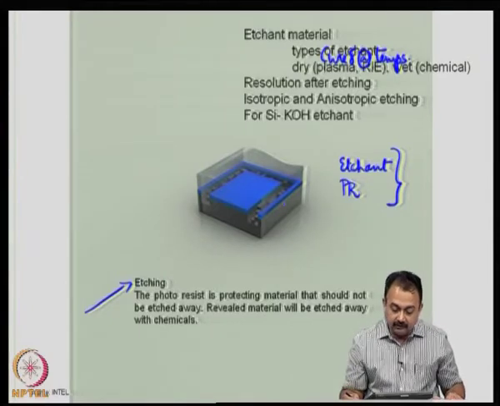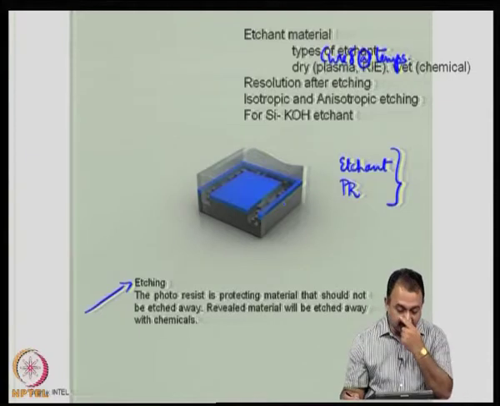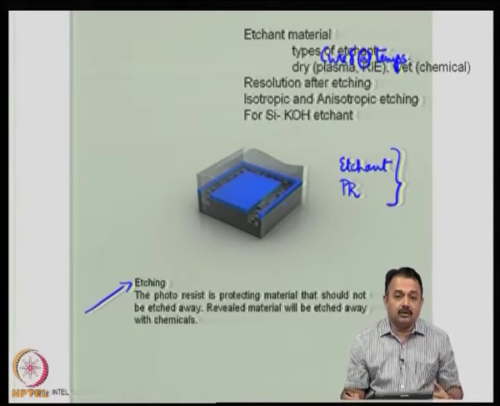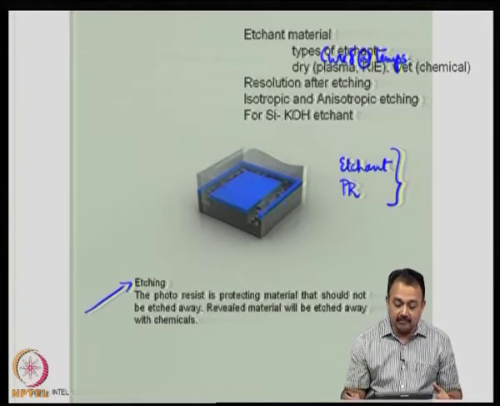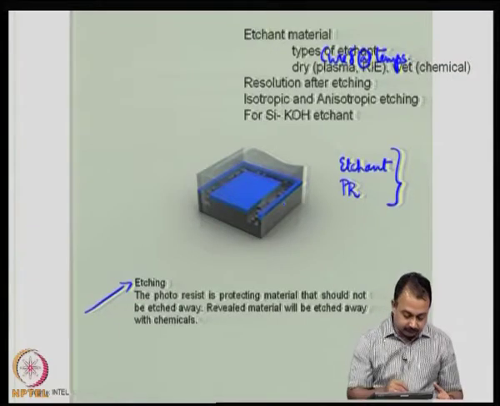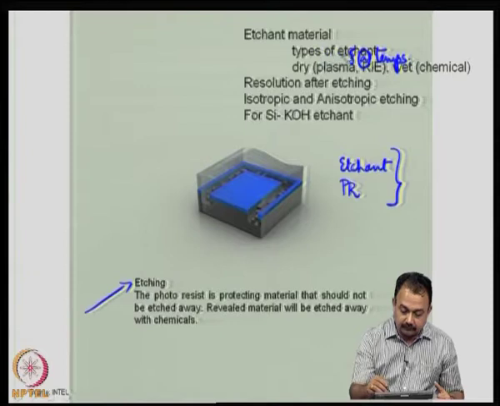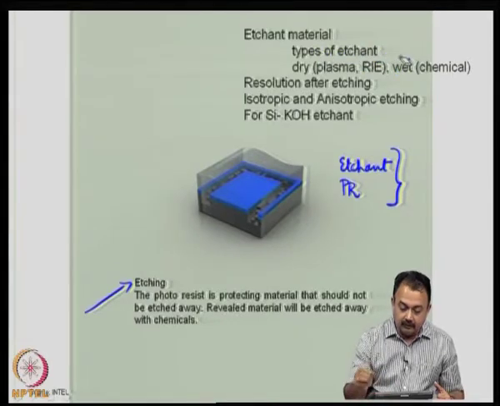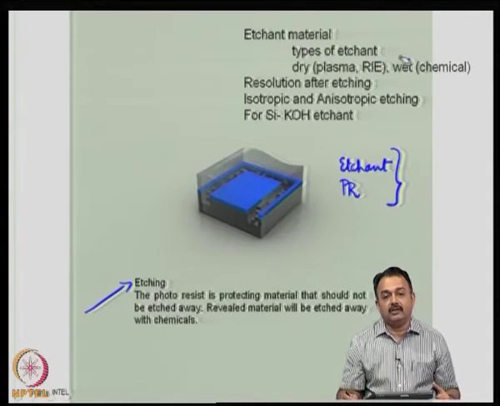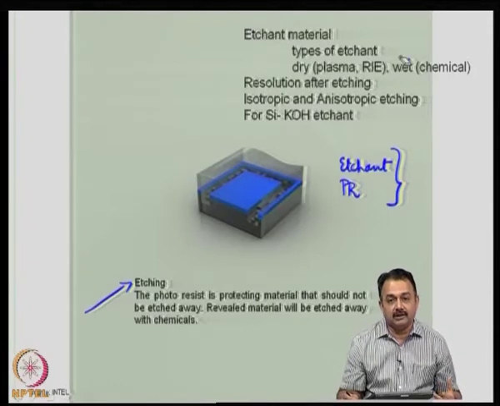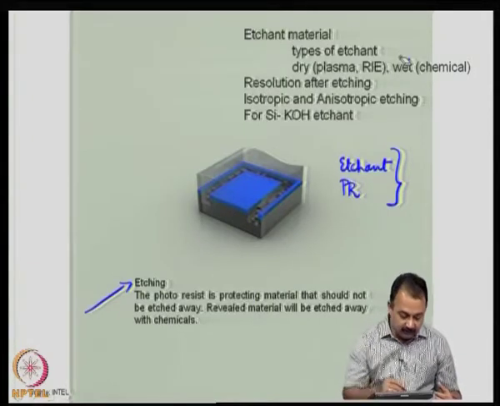Now, there are different types of etchants. You can also do dry etching, which is basically plasma etching or reactive ion etching.